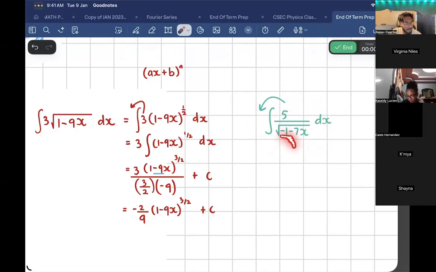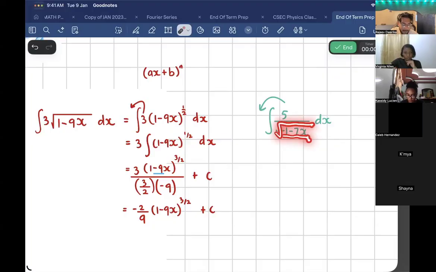But I didn't pull out the minus. The question is the -1 minus 7x. What is that in? That's in the square root.